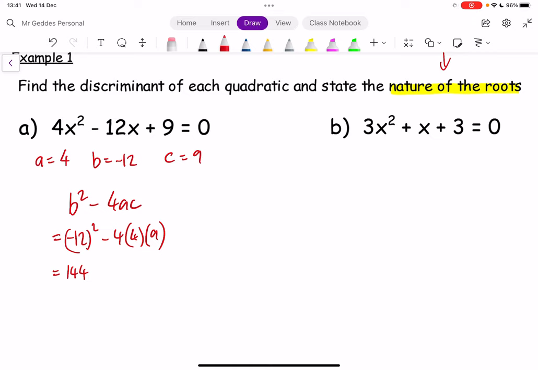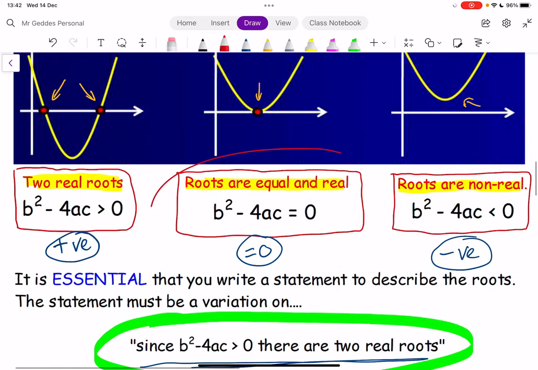12 squared is 144. 4 times 4 times 9 comes out as 144. So I get a 0 coming out. All right. What did that mean? It meant that roots are equal and real.